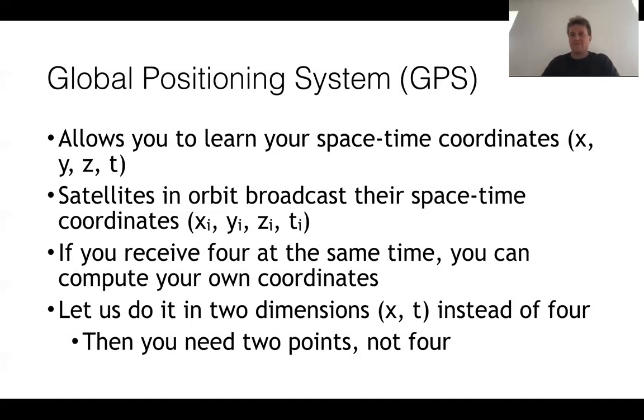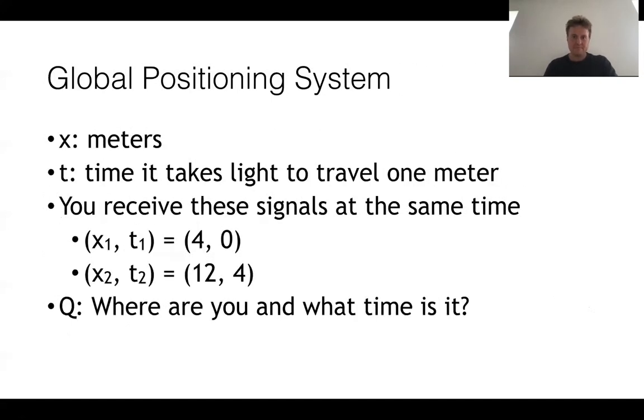So let's just try, to illustrate that it's possible to solve these equations, to look at it in 2 dimensions. Okay, one spatial dimension and one time dimension. So we're living on a line. We can move back and forth on a line, and then there's also time.